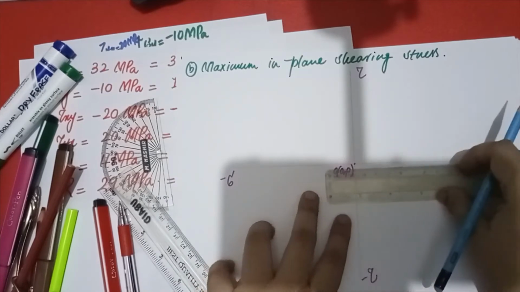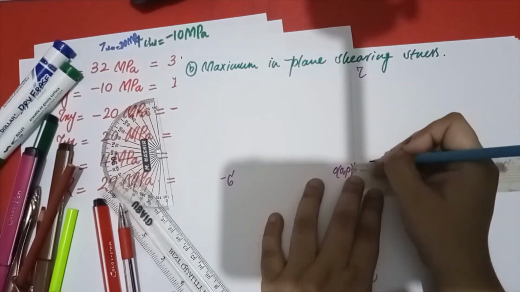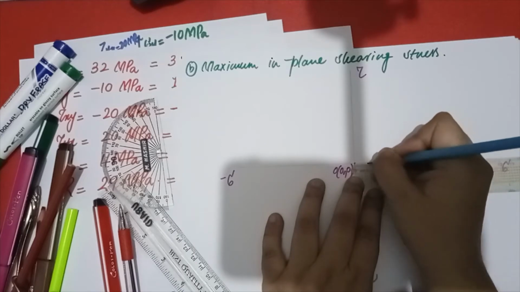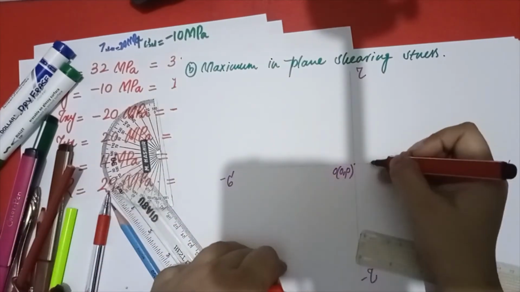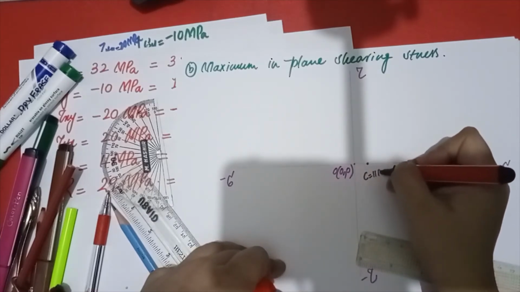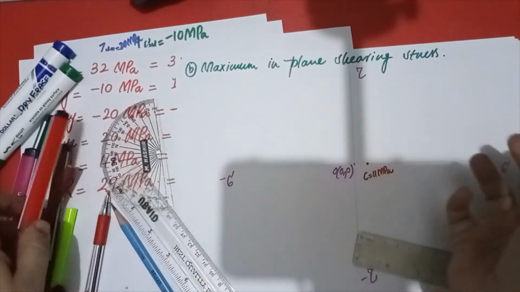Point C was 1.1 centimeter, 11. So it will be 1.1 centimeter. C equals 11 MPa, you can say, or you can write it down as 11, 0, as I did earlier.